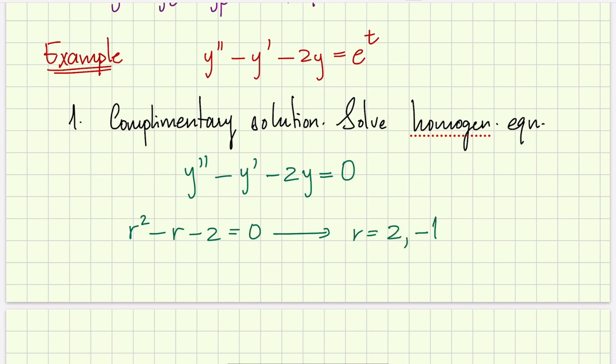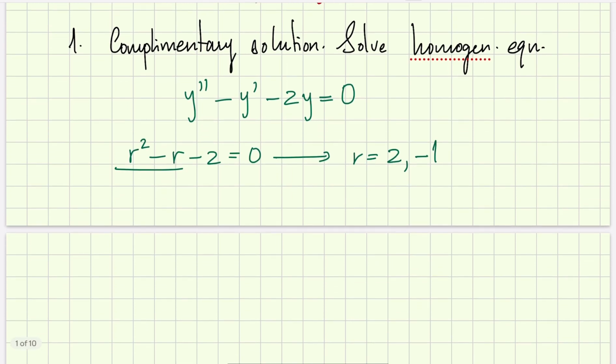Once I have my r's, or my roots of this, we can write the complementary solution, which is b1 e to the power 2t plus b2 e to the power negative t.